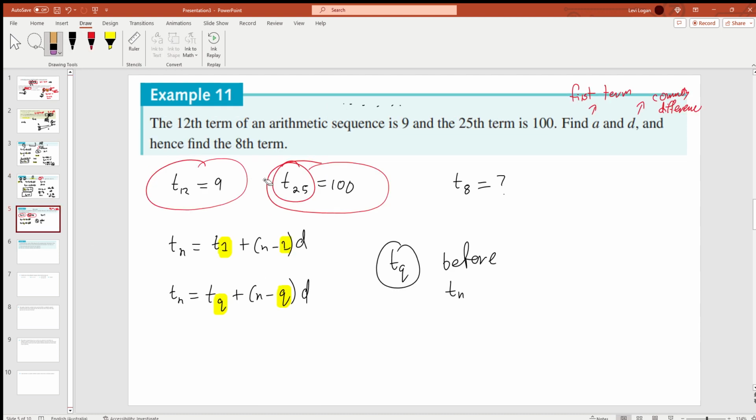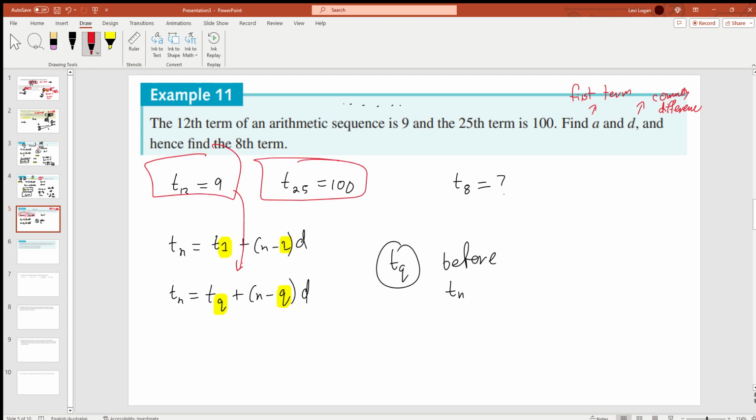So let's substitute this information into this equation and rewrite it. Wherever there's an n, I'll replace it with a 25, and wherever there's a q, I'll replace it with a 12.